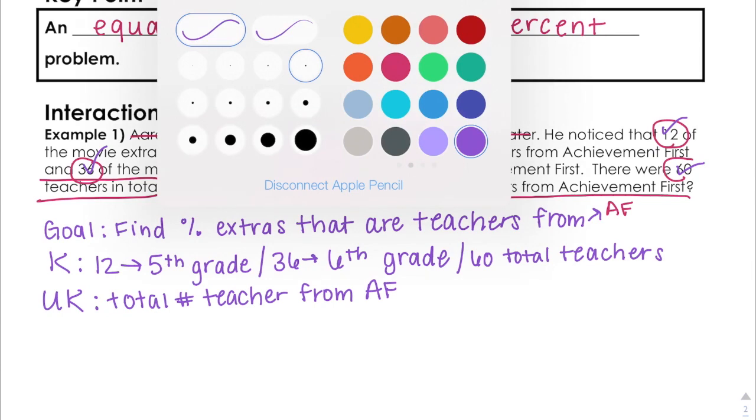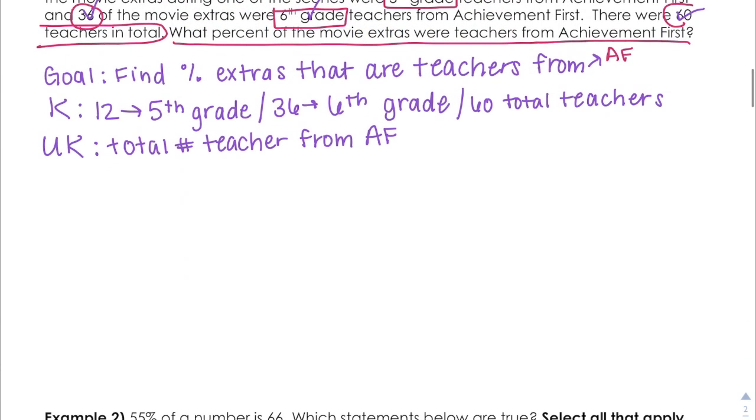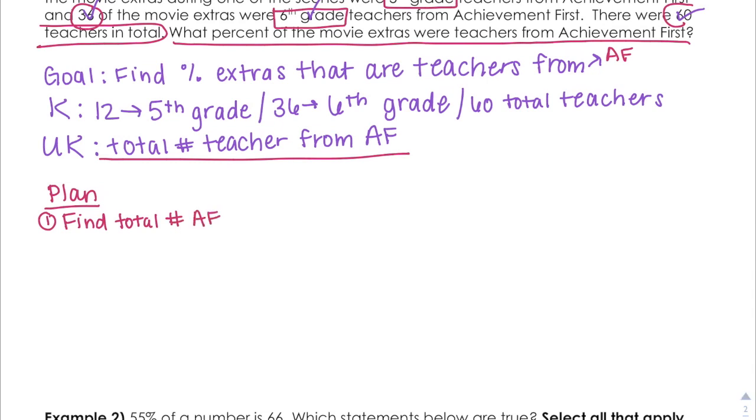All right, let's move on to our plan. Step 1. First thing we got to do is figure out this unknown here. So we have to find the total number of AF teachers. Step 2. Well, we've got to create an equation.